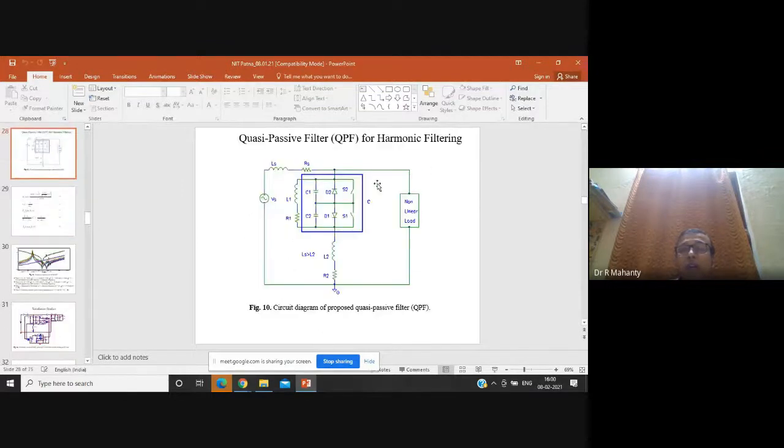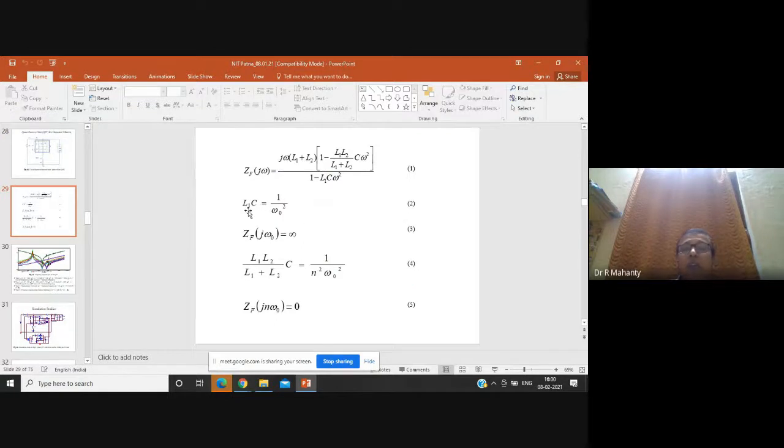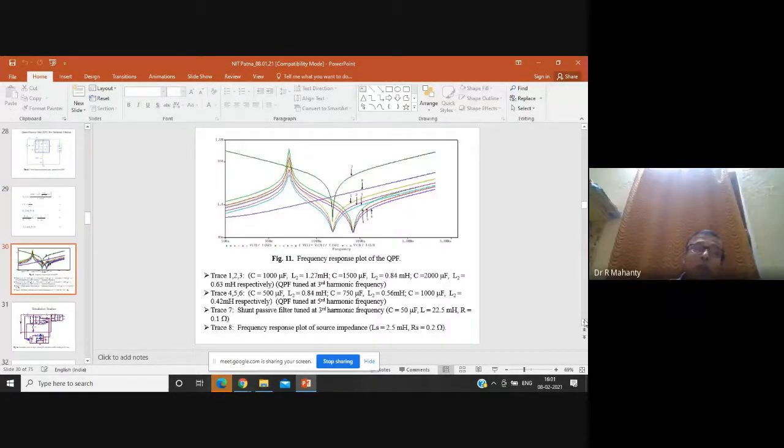You can write this expression for impedance, and from it, if L1C is equal to 1 by omega naught square, for the fundamental frequency current this provides infinite impedance, and for the nth harmonic it provides 0. We don't require to do that actually. That is my answer. You don't require any such thing here, which is required in an active power filter. That's why I said the control is very, very simple here.